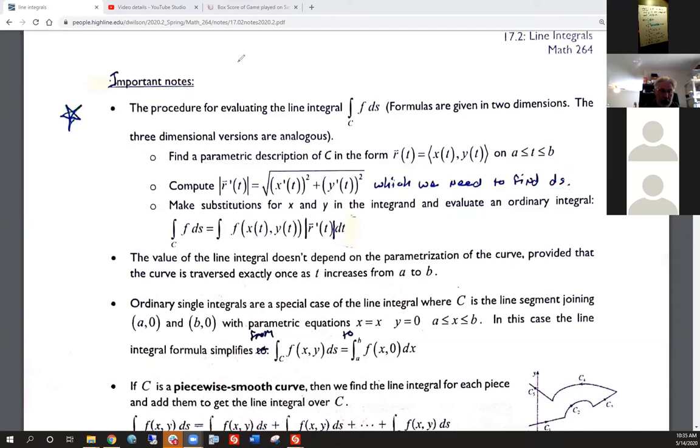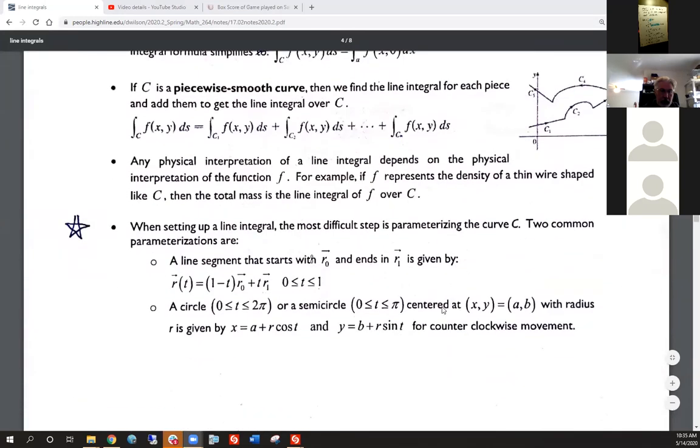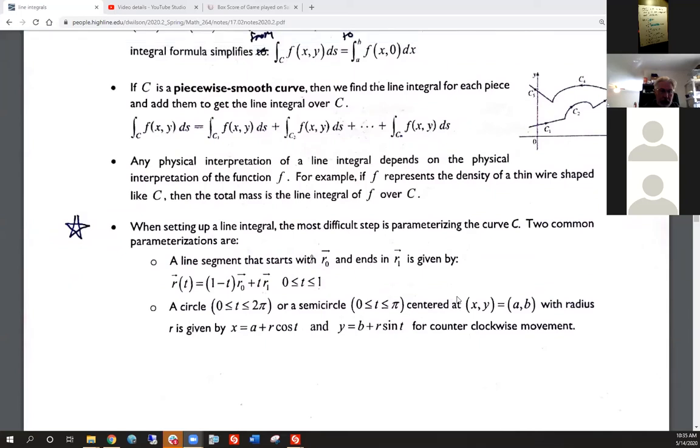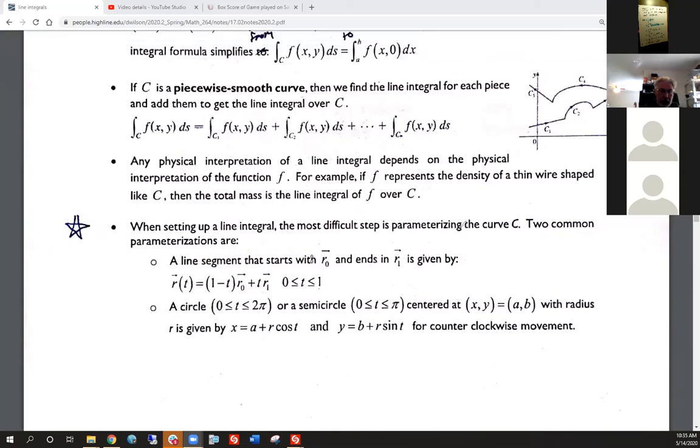The second thing I want to highlight is the second star, and that is that probably the most challenging part of this chapter for students, at least in my experience, really is the parameterization. Obviously it could be very difficult, but there are two really common scenarios that it's worth becoming really comfortable with.